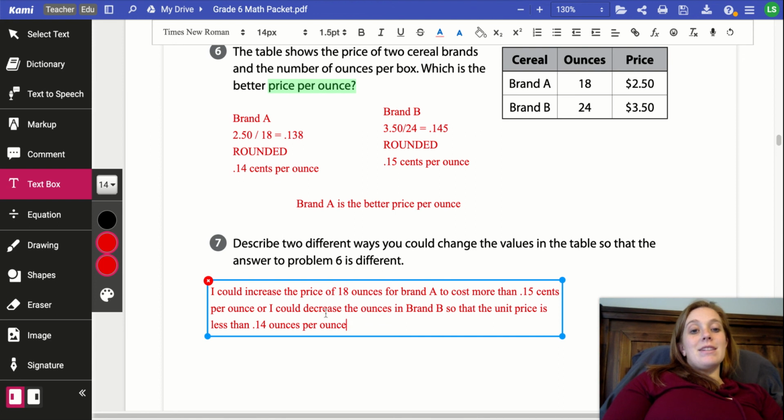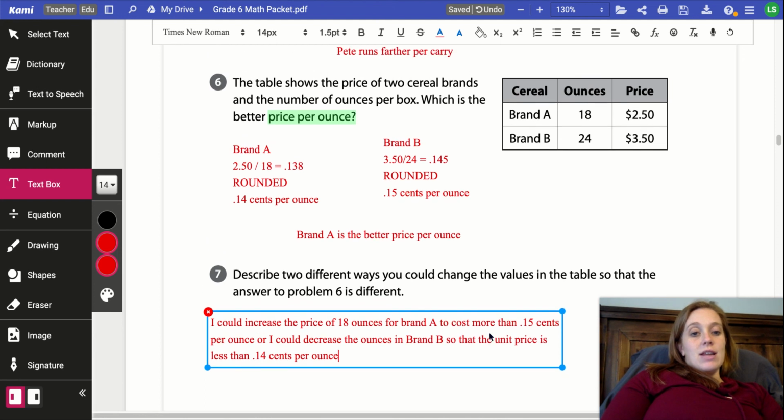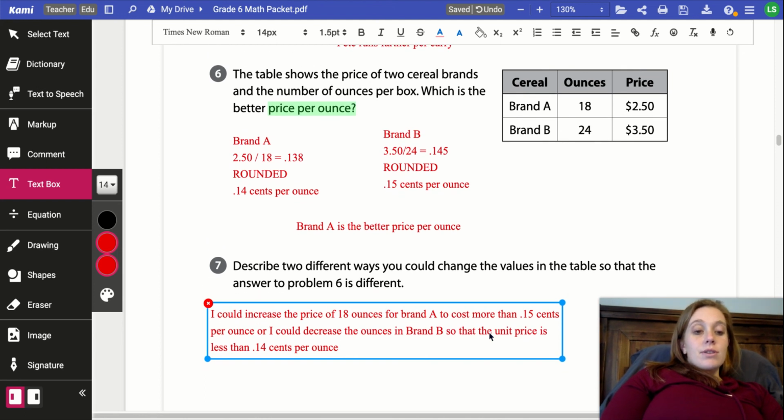Or I could decrease the amount of ounces in brand B so that the unit price is less than 14 cents per ounce. So I could either make brand A more expensive per ounce, or I could make brand B less than 14 cents per ounce in order to change that answer for 6. So lots of different things you can do there.